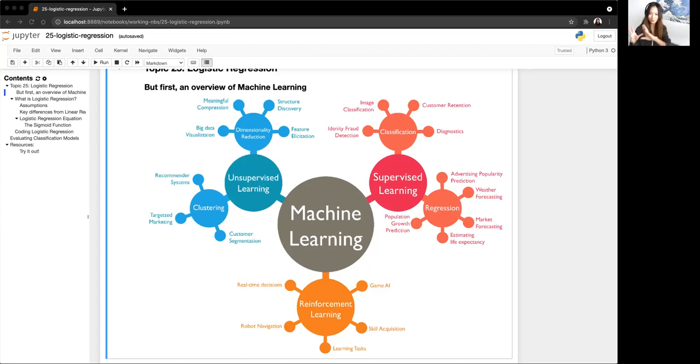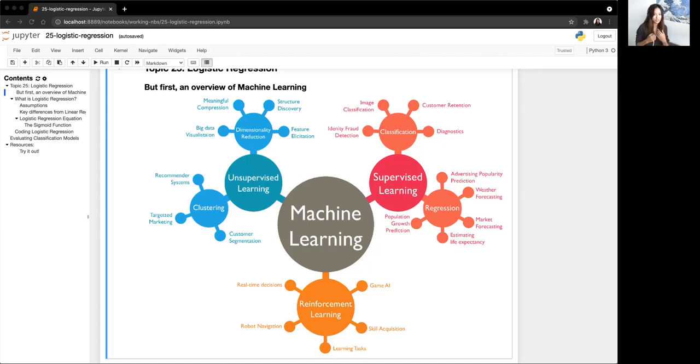So that's under supervised learning. The other arm of machine learning is unsupervised learning. That's what we're going to hit at the very start of phase 4. Clustering is the example that I think is easier to understand, given you have a bunch of data. Customer or market segmentation is one of the main use cases of clustering.